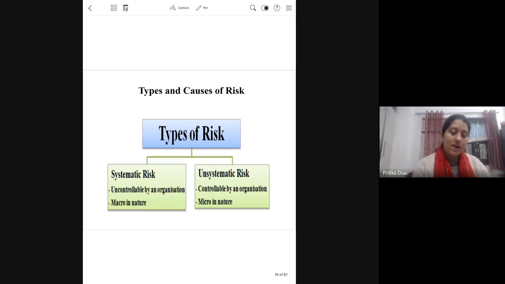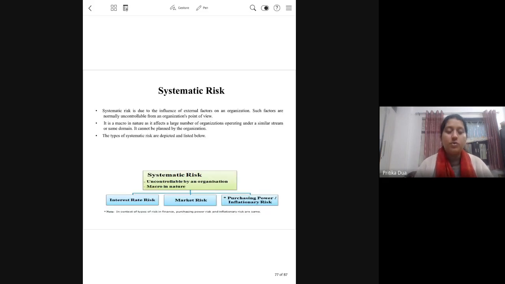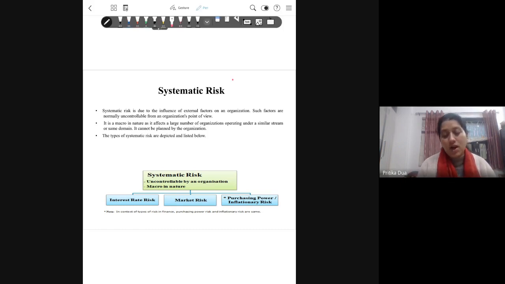तो एक बार ये सारे रिस्क देखते हैं, ब्रीफली ओवरव्यू करते हैं कि क्या क्या रिस्क होते हैं. तो सिस्टमैटिक विच इज मैक्रो रिस्क इज because of the factors which are external to the firm, which are uncontrollable for a single firm.